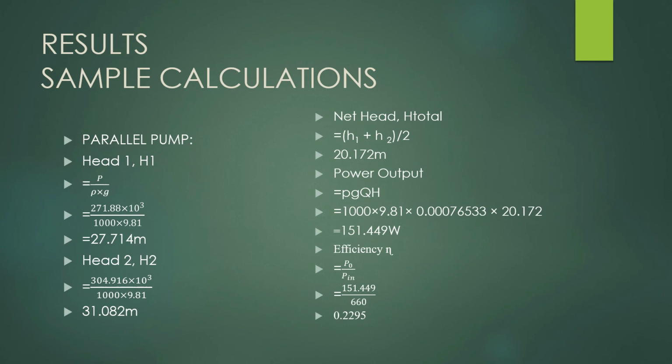For the parallel pump, we have to divide our net head by 2. So 27.714 plus 31.082 divided by 2 is equal to 20.172 meter. Then we have to find the power output, which equals 151.449 watts, and the efficiency.